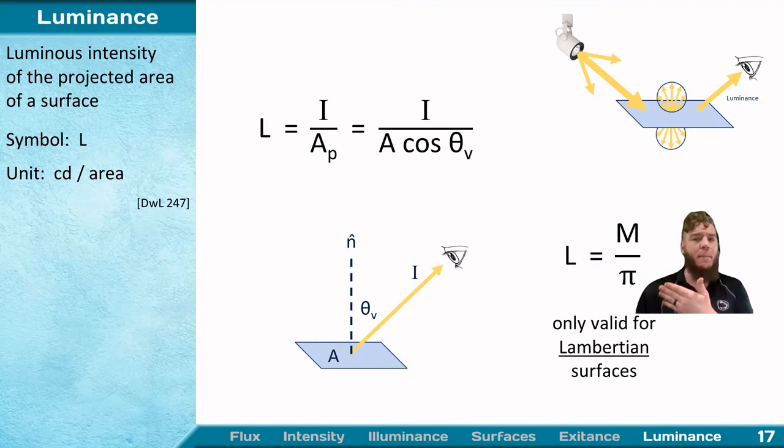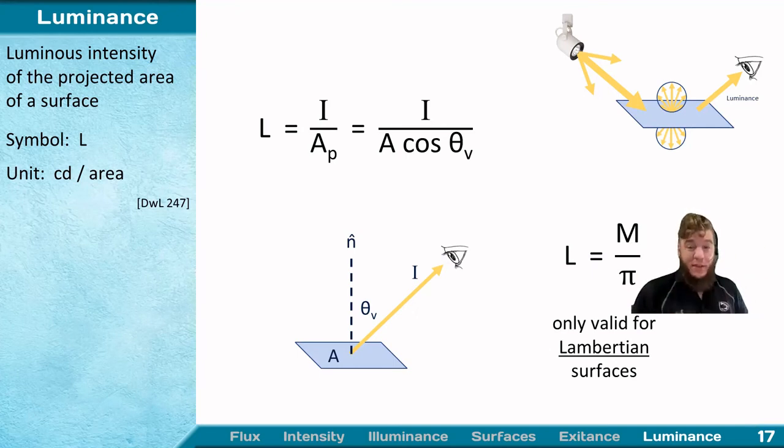When we're talking about Lambertian surfaces, they're evenly diffuse. And so we can talk about the entire point of view here of that whole surface, which is going to be a hemisphere. And so that's how we get to pi.